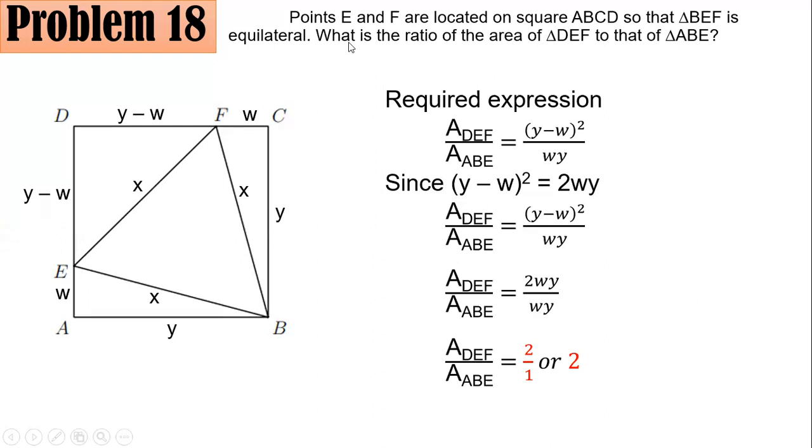So, I label the side of the triangle x. And then, since this is equilateral, this angle B must be 60. Would you like to annotate? Yes, sir. Okay, please. Since this is 60, this must be 15 and 15.